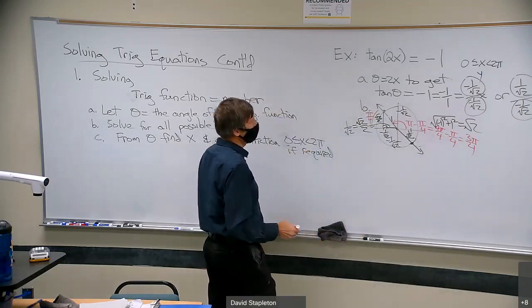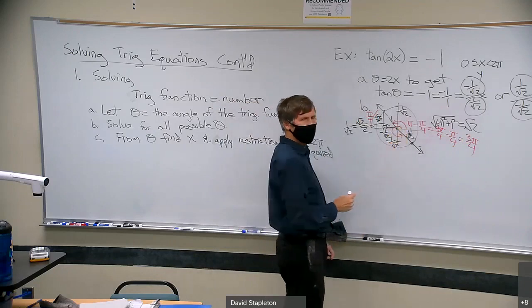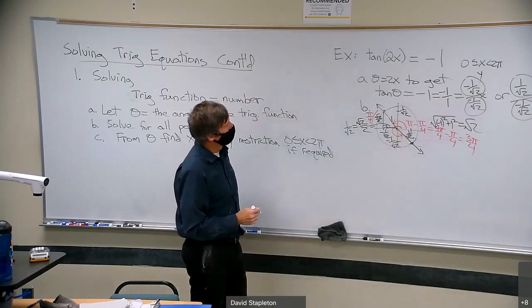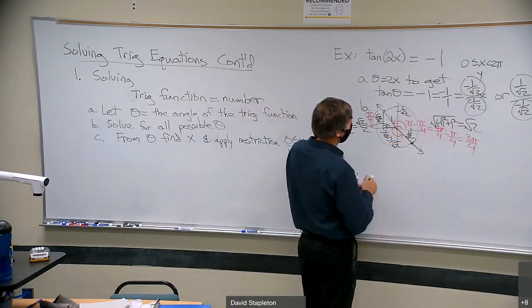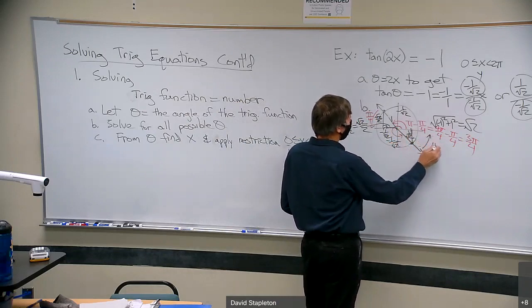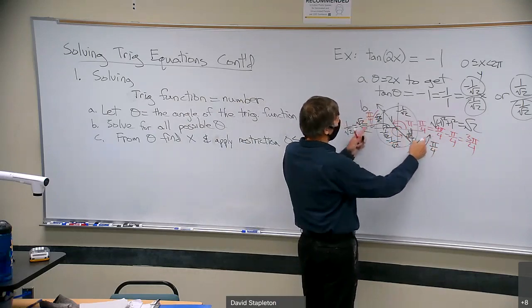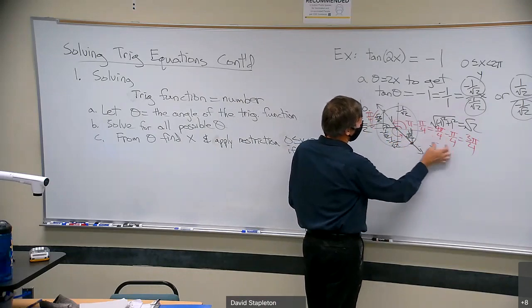That's one angle, and then what's the other one? Yeah, 7 pi over 4, right? Because if I drop the perpendicular here, this will also be pi over 4. There's always symmetry. They're opposite directions. So this is also pi over 4, I suppose.